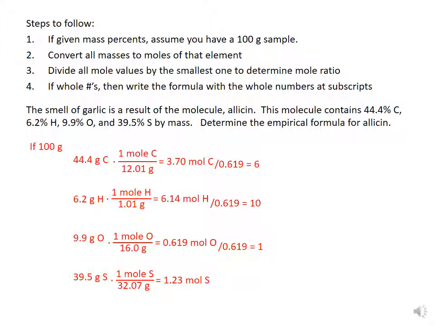If we divide the hydrogen by 0.619, we get 10. And if we divide sulfur by 0.619, we get 2. And so what we've just done is developed a mole ratio, but because of this dividing, we end up with a whole number mole ratio. And this gives us a chemical formula of 6 carbons, 10 hydrogens, an oxygen, and 2 sulfurs.